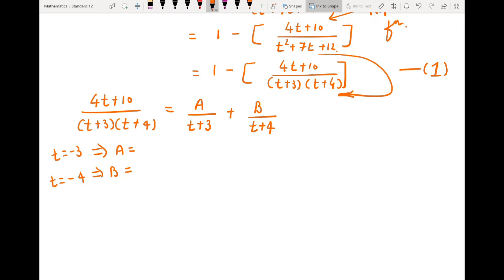Easily you can verify a will be minus 2 and b it will be 6.